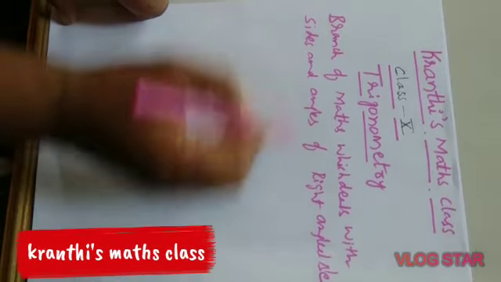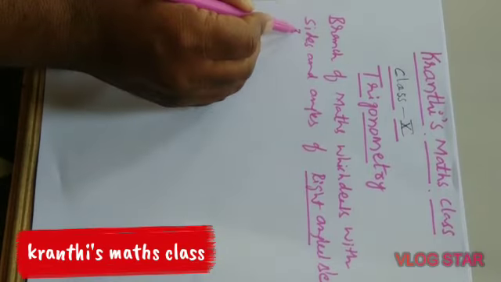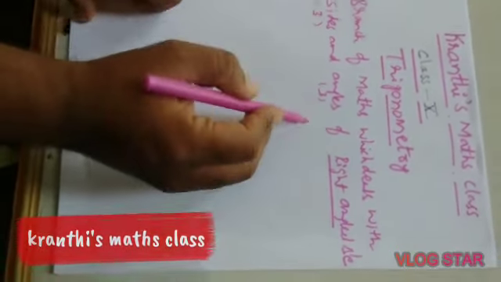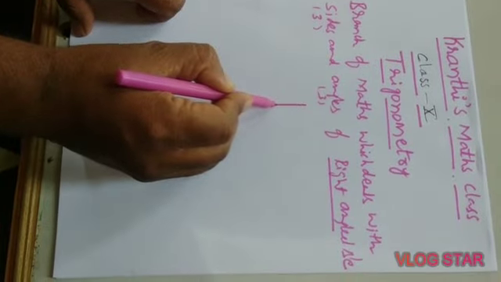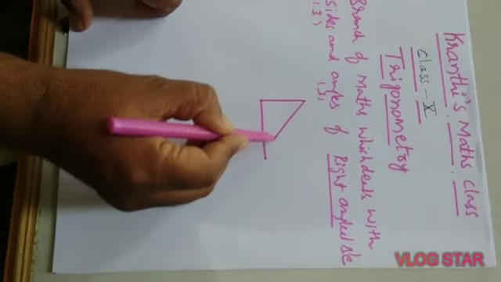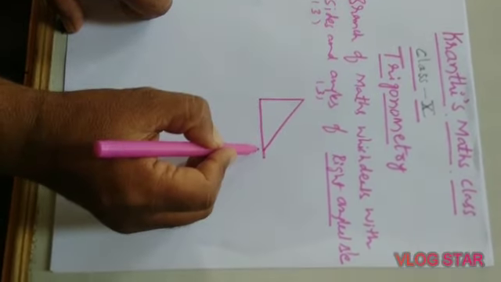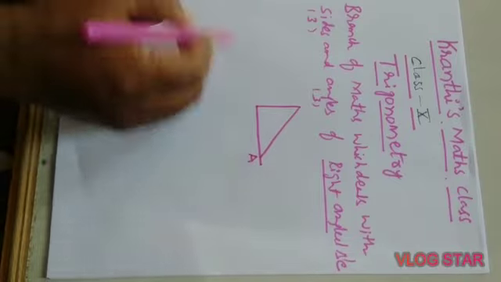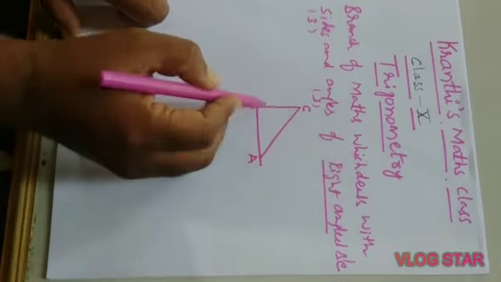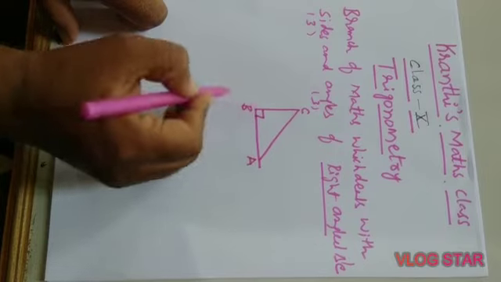So we know that in a right angle triangle there will be three sides and three angles. In this right angle triangle, let us take its angle A, angle B, and angle C. In a right angle triangle, always one angle should be 90 degrees, that is angle B is 90 degrees.